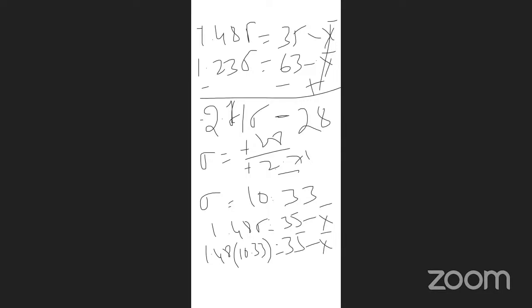Now this value, 1.48 into 10.33, comes to almost 15.29. So X bar is equal to 35 plus 15.29, because it is a minus sign, which is equal to 50.3.